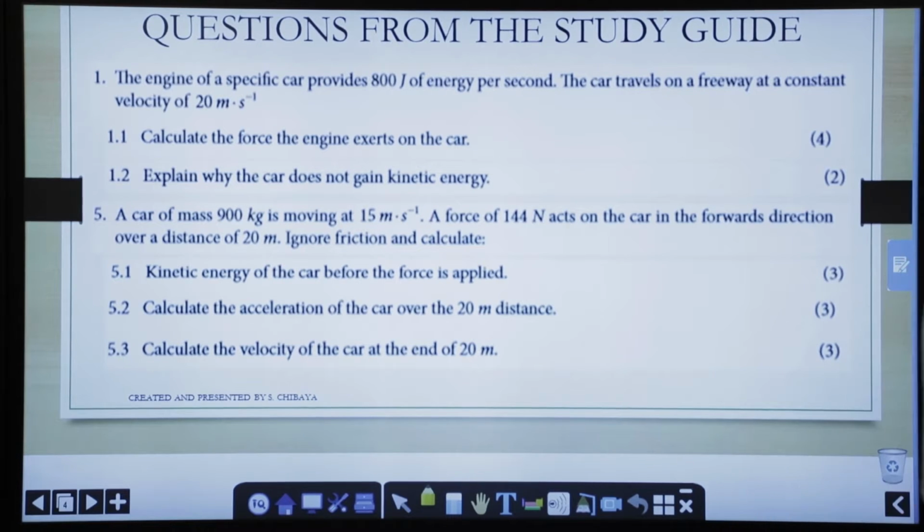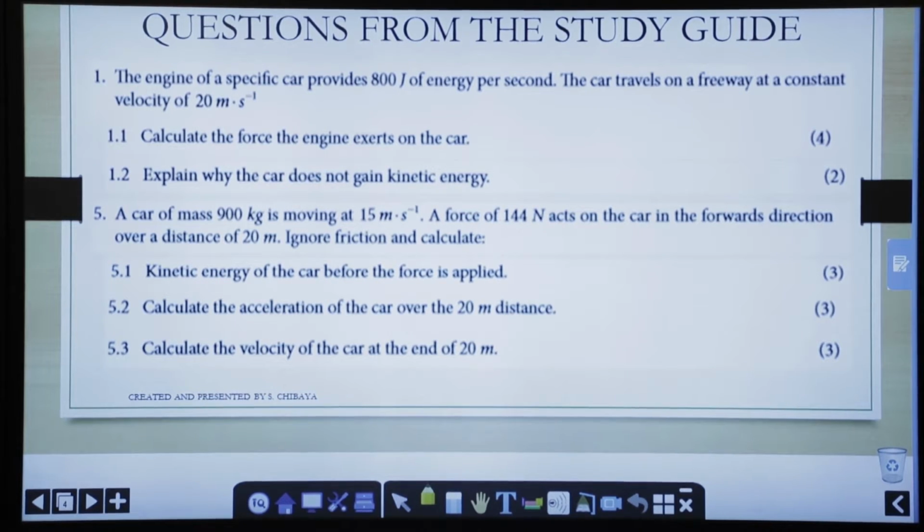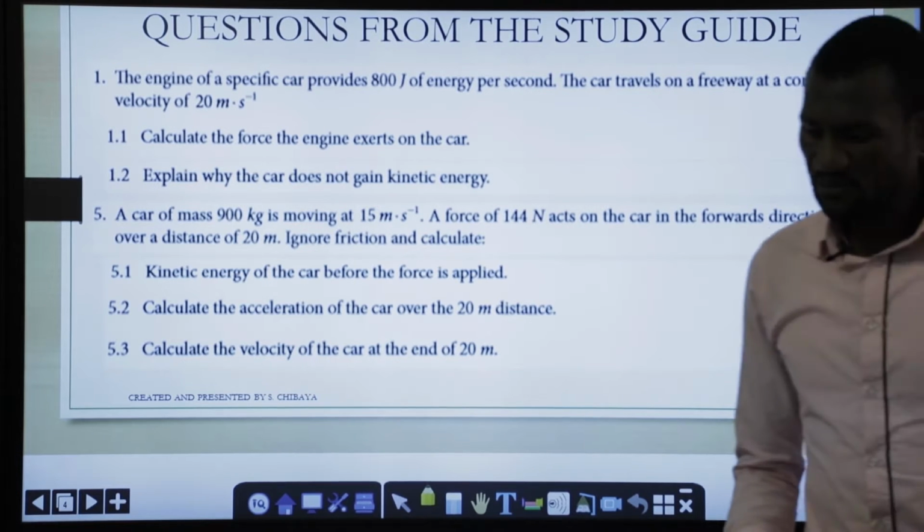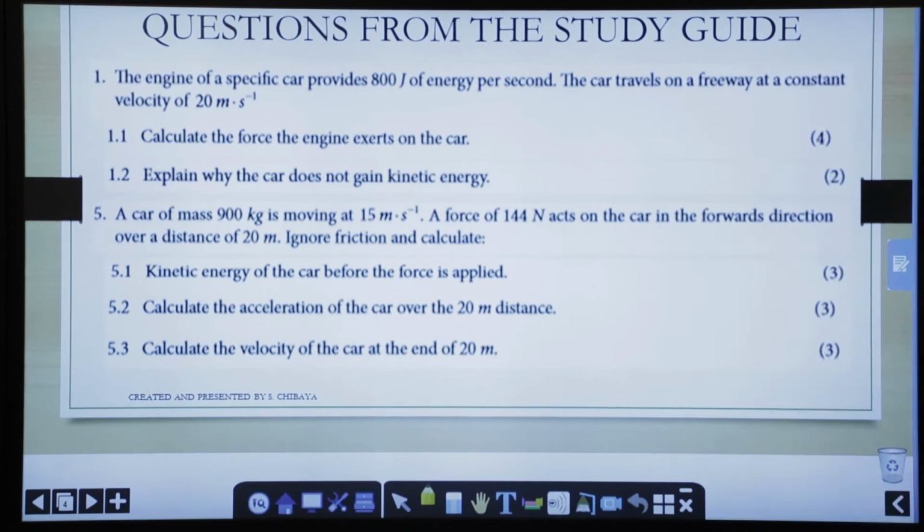Here is one question that says, the engine of a specific car provides 800 joules per second. The car travels on a freeway at a constant velocity of 20 meters per second. So let's look at question 1.1. It says, calculate the force the engine exerts on the car.